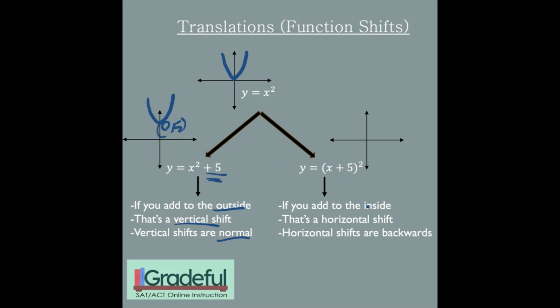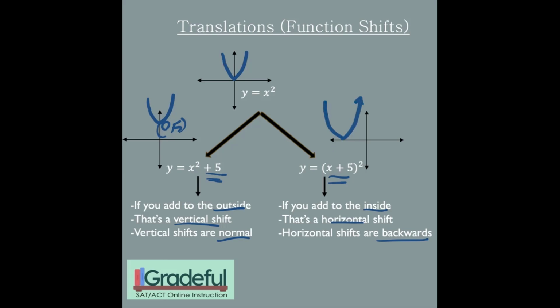Now, if you add to the inside, that's a horizontal shift, and those are backwards. The inside is the parentheses. In other words, right where x was, we're replacing that with parentheses that have x plus 5. So that's adding to the inside, and it's not normal. It's backwards. If positive is normally to the right, then here positive is to the left, and negative would have been to the right.